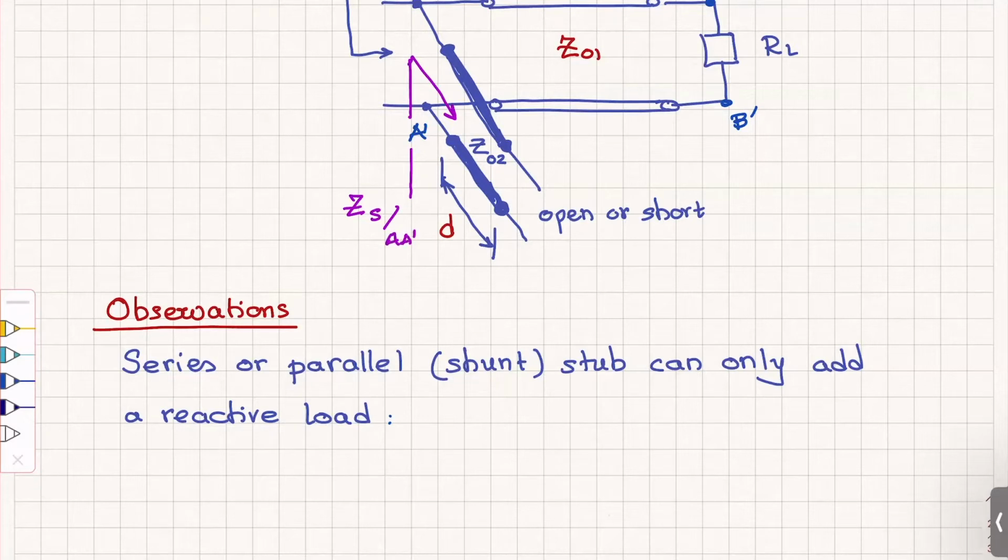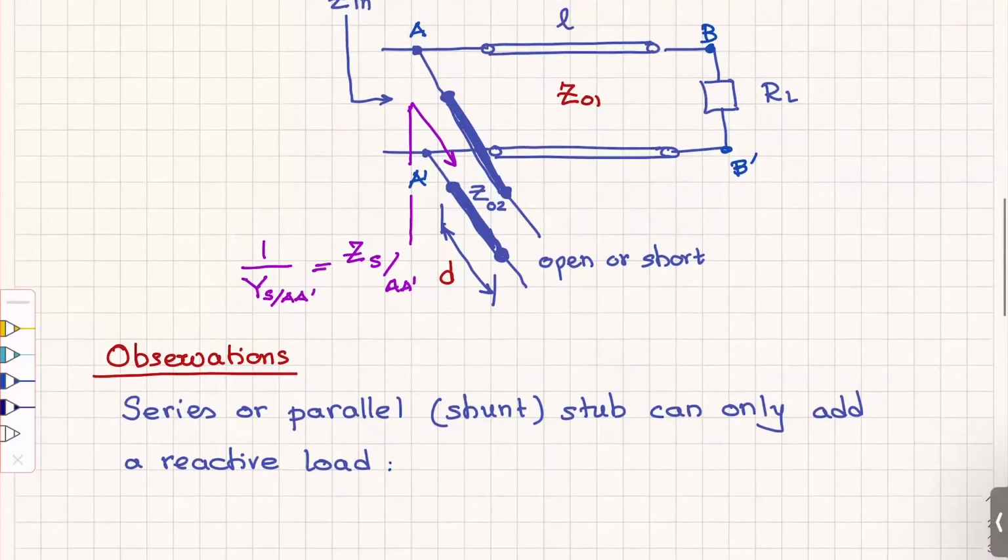Or I can think of the inverse of that, which gives me the admittance, 1 over YS at A prime. Either ZS or YS can only be reactive.